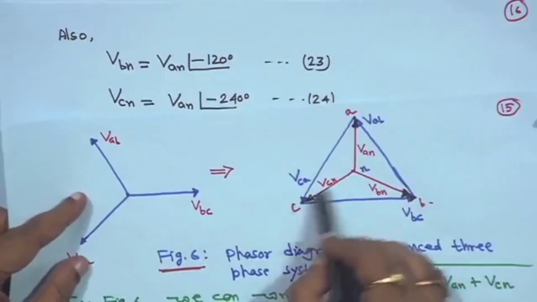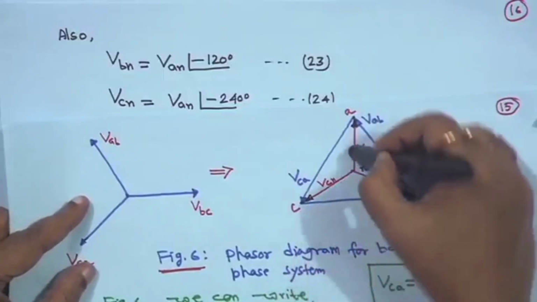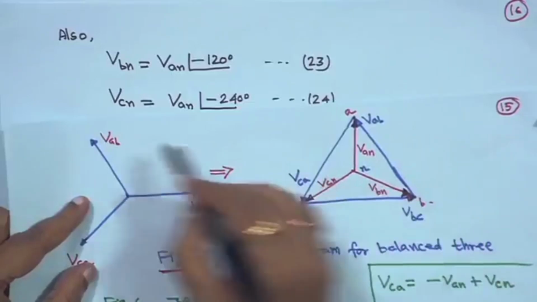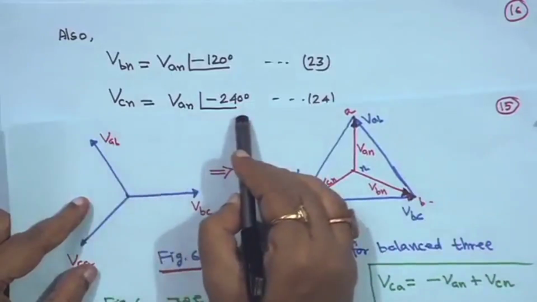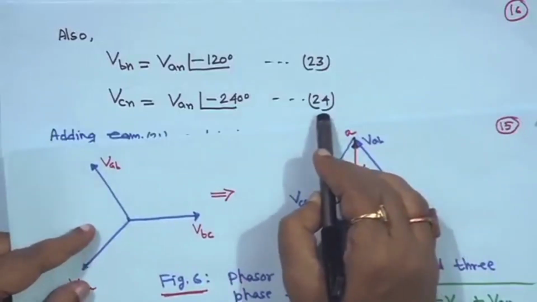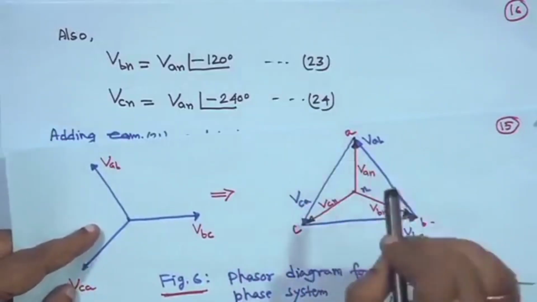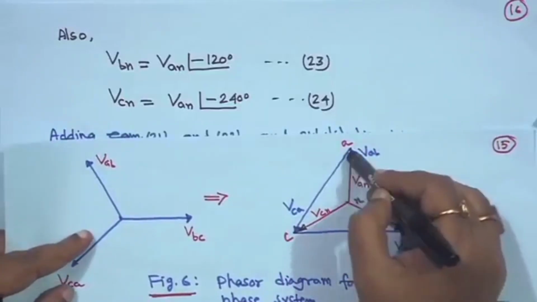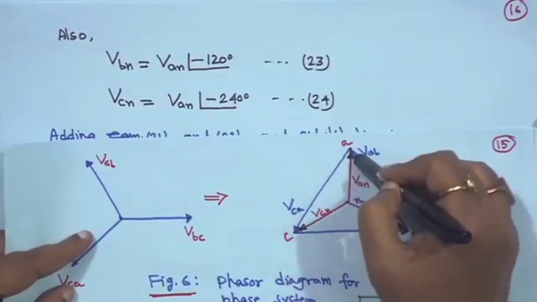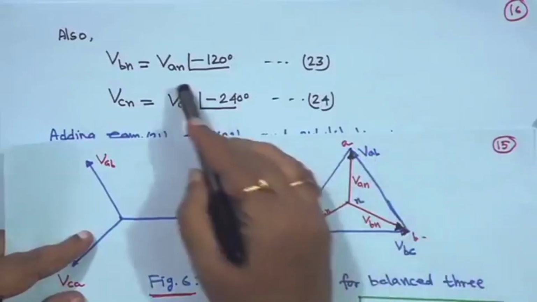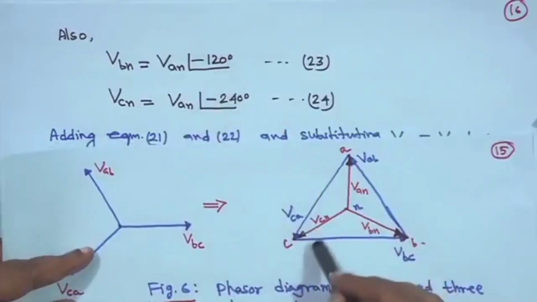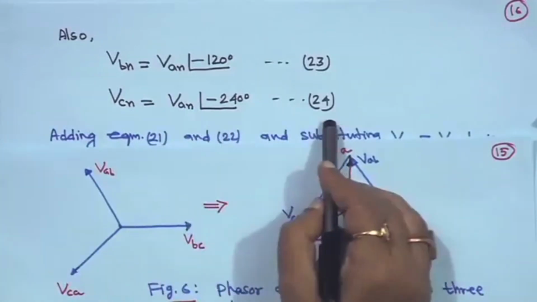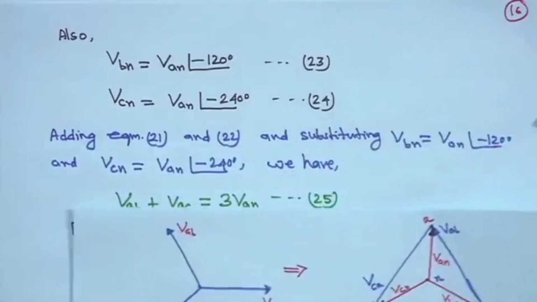Then V_cn is equal to V_an, from here to here it is 240 degrees, but lagging. So, V_cn is equal to V_an angle minus 240 degrees, this is equation 24. Hope there is no confusion, straightforward. If V_an is the reference, then V_bn is equal to V_an angle minus 120 degrees, and V_cn, moving this way, is V_an angle minus 240 degrees. This is equation 24.